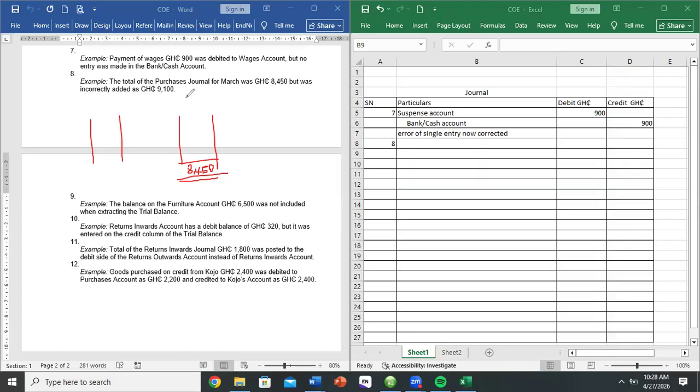So is this overcast or undercast? Overcast. Yes, overcast. Because the figure was supposed to be 8,450, but he cast it 9,100. So he has overstated the figure.